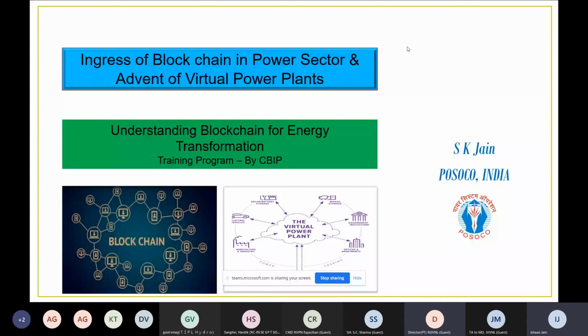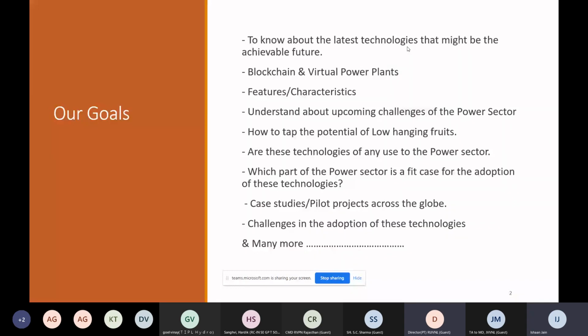So before starting any presentation or before starting to discuss any topic, we need to know about our goals. Basically, what our goals should be, we should know at the start. Currently, a lot of technologies are in vogue in the market, so we need to know about all the technologies, but we should be sure which technologies are the achievable future.